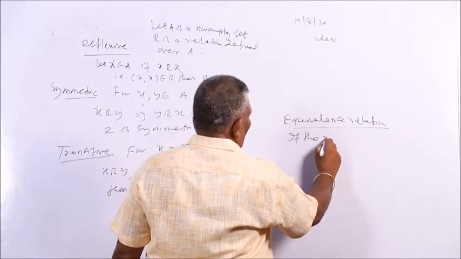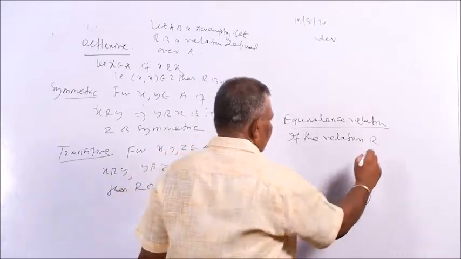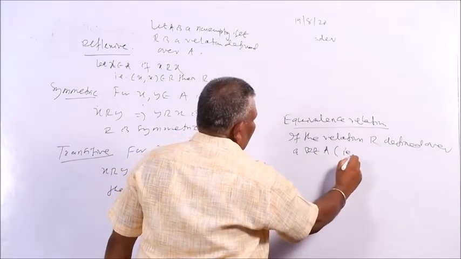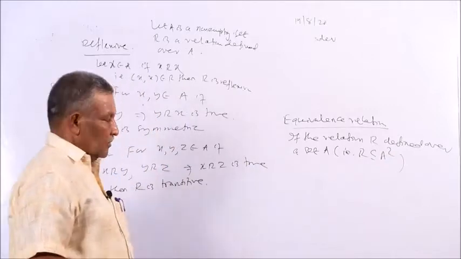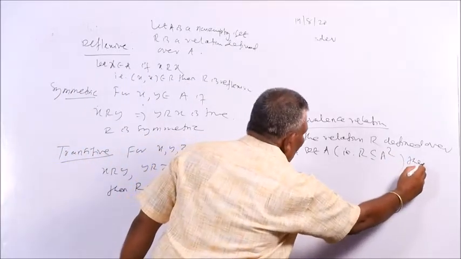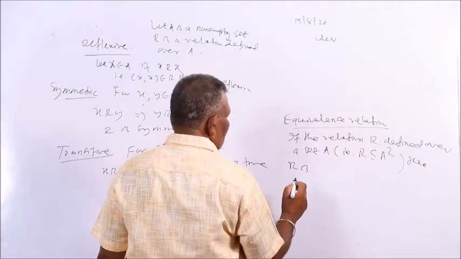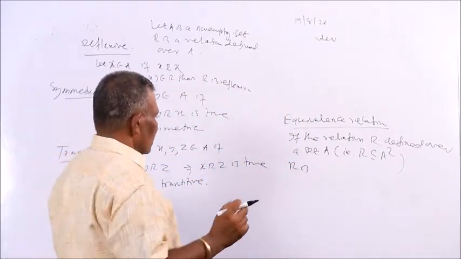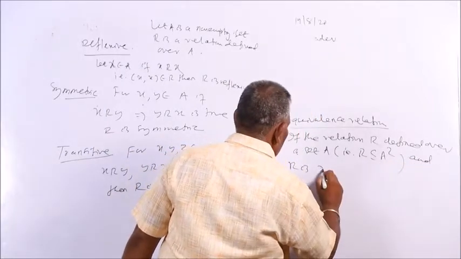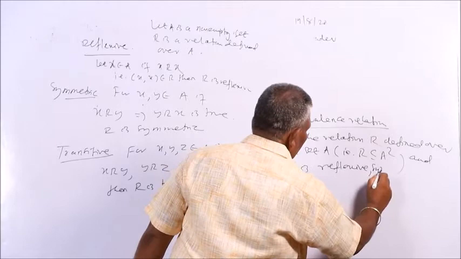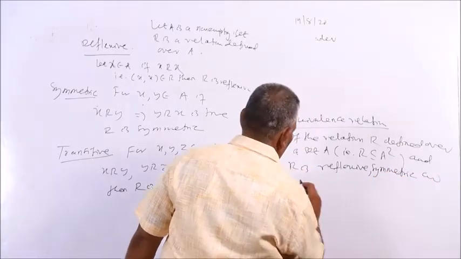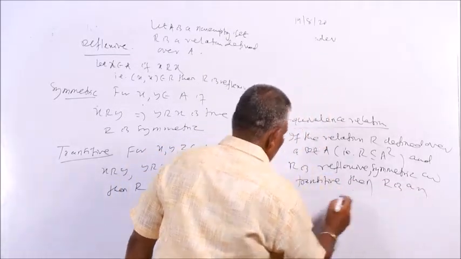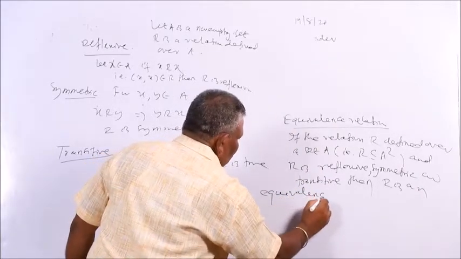If the relation is defined over a set A, that is, R is a subset of A square, and R is reflexive, symmetric and transitive, then R is an equivalence relation.